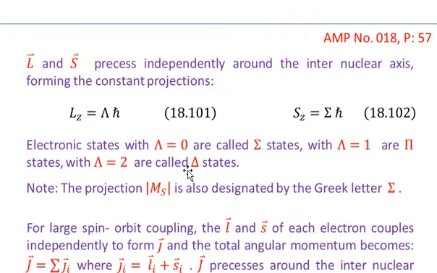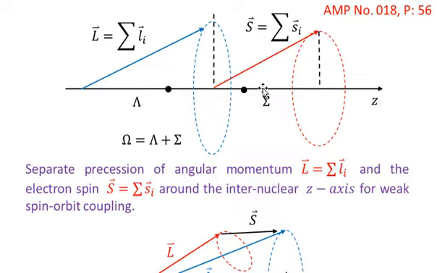Note that the projection of the magnitude of ms is also designated by the Greek letter sigma. And this Greek letter sigma is what I have shown as the projection also. For example, this is the projection of the spin represented by the capital sigma.